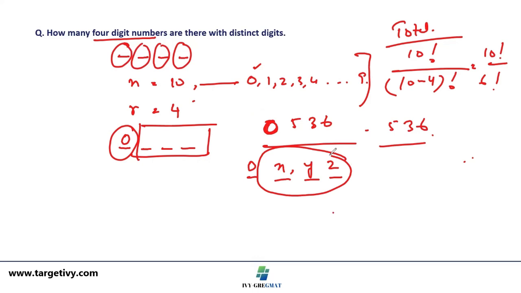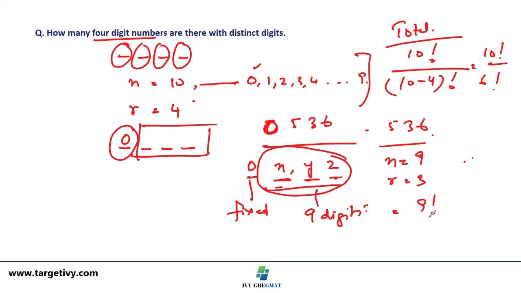So I'll have to exclude all those numbers which have this combination. If 0 is fixed, for this we have got 9 digits remaining to be rearranged, taking 3 at a time, obviously, because there are 3 places. So here n becomes 9 and r becomes 3. So the number of arrangements possible is 9 factorial by 9 minus 3 factorial, so that makes it 9 factorial by 6 factorial.